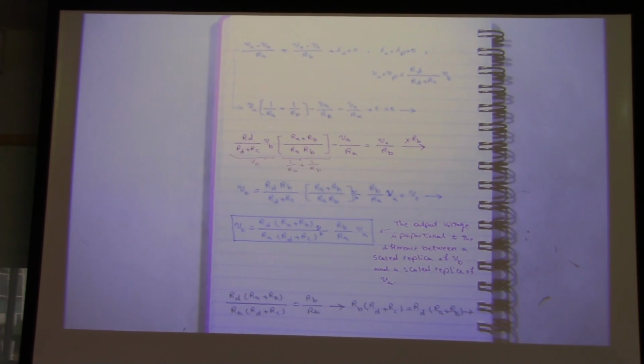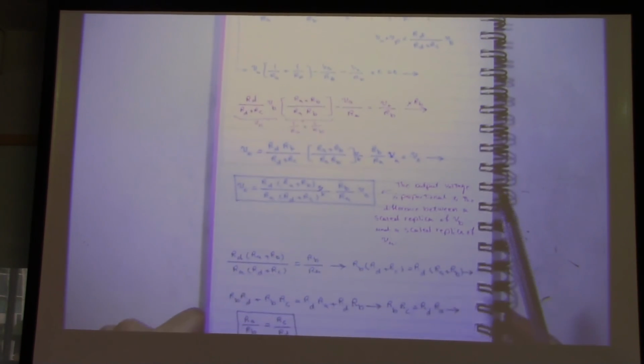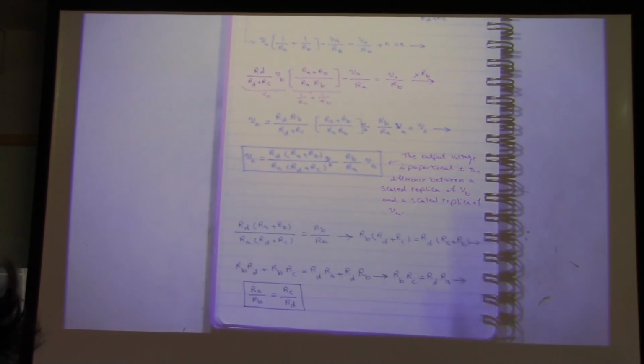Again, if you want this term to be equal to this term, okay? So, Ra over Rb must be equal to Rc over Rd. Make sense? Is that clear?